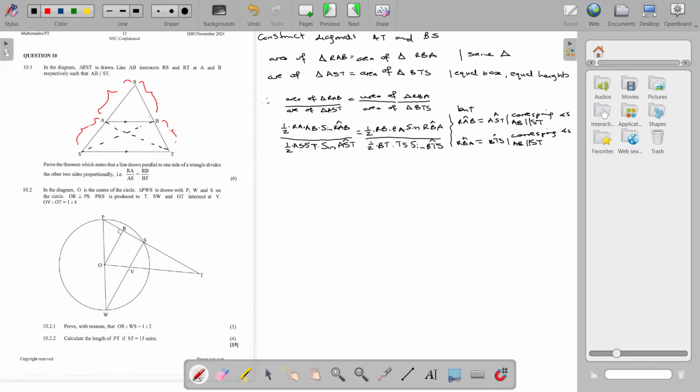Therefore, since this angle and this angle are proven to be equal, this sine and this sine will give us 1. They will cancel out.